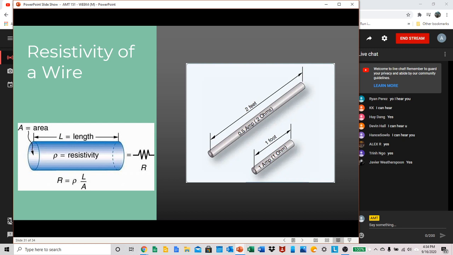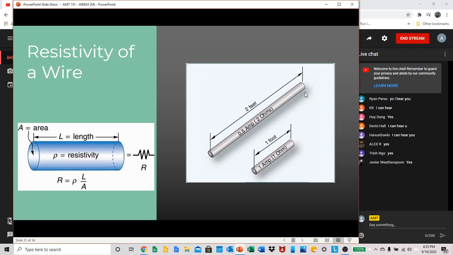So this is a fancy formula to figure out resistivity. This picture here on the left of the slide has your resistivity formula. And then this is an example, the picture on the right of a longer wire and a shorter wire, and you can see how the current changes in there and how the resistance changes in there.